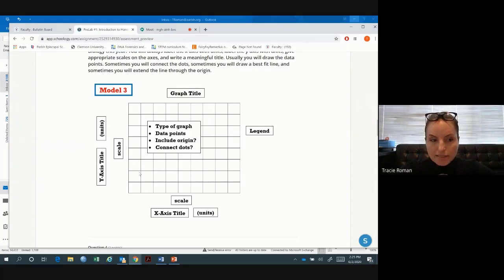Sometimes it's appropriate to connect the dots. Sometimes it's appropriate to make a best fit line. So you're going to have to figure out, is this the type of graph where you would connect the dots, or is this the type of graph where you would do a best fit line?